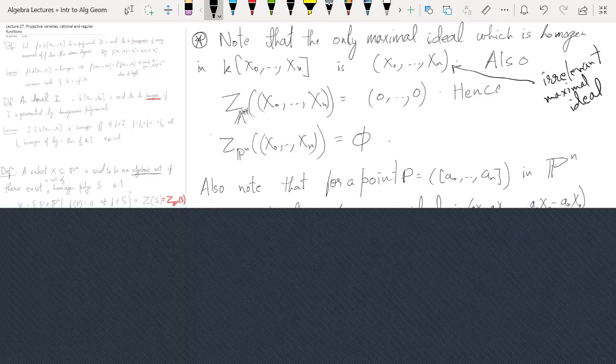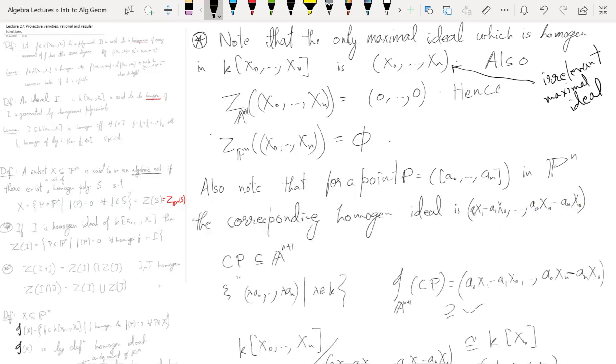That is because it doesn't play any role in the geometry. So note that if you look at the zero set of this maximal ideal, you get the origin in A^(n+1). And the origin does not correspond, so you have to remove the origin and then take the equivalence class. So it doesn't correspond to any point in Pn.